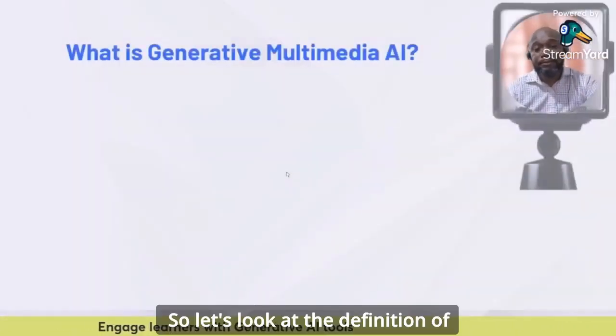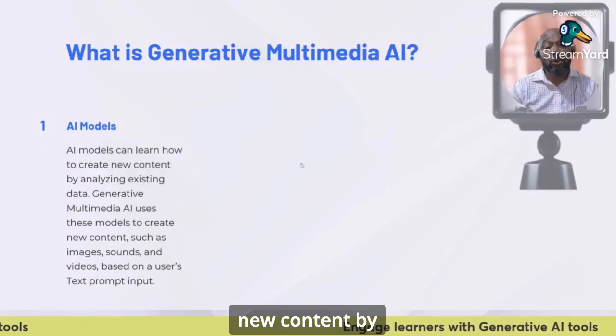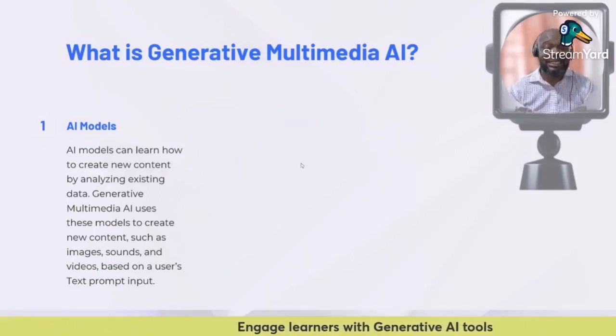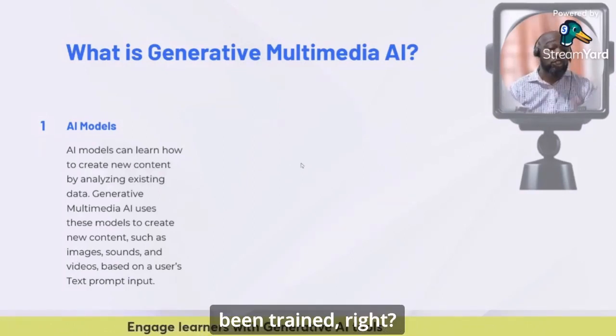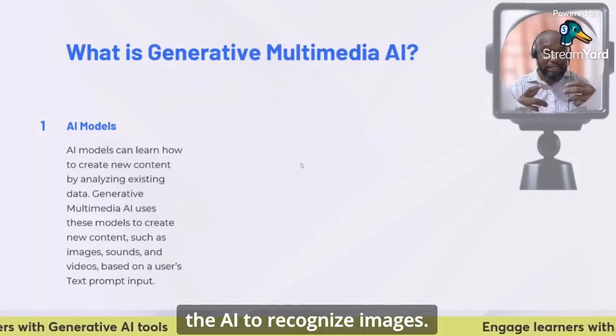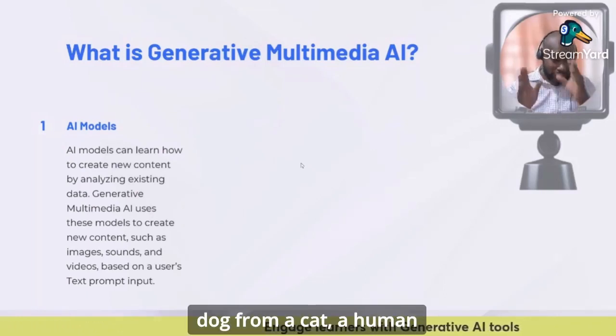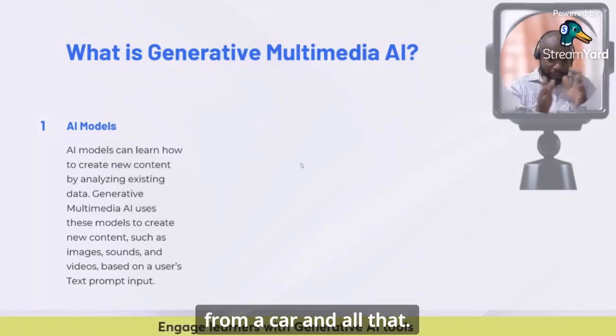Let's look at the definition of these AI models, which can learn how to create new content by analyzing existing data. Now, these data have been trained. They have an algorithm that trains the AI to recognize images, to distinguish a dog from a cat, a human from a car, and all that.